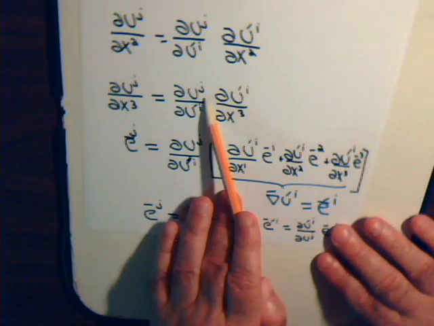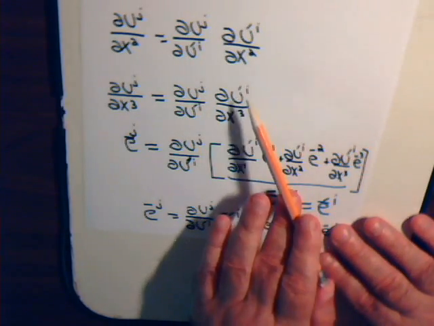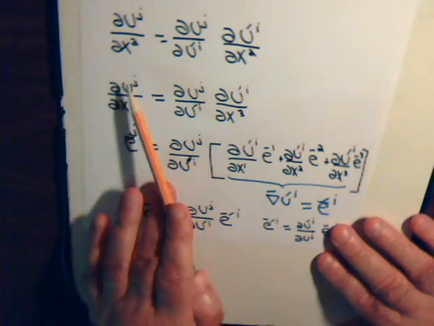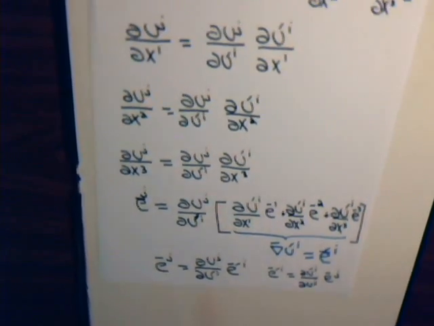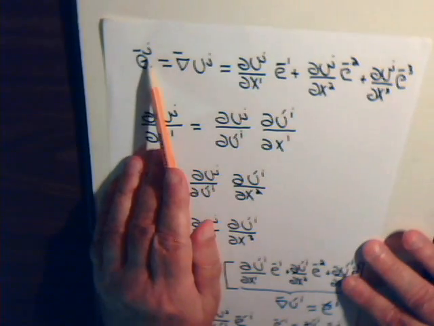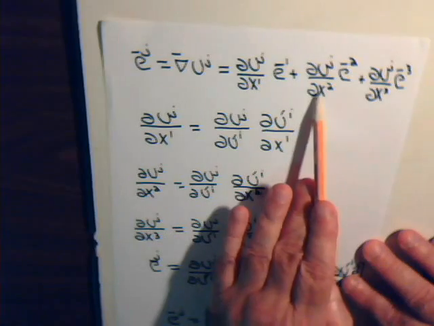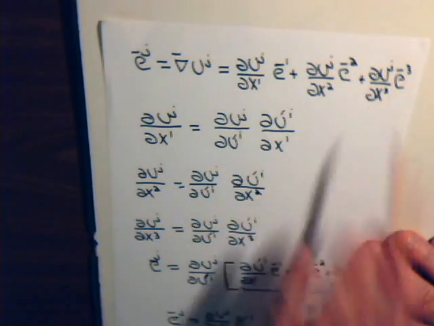That's the partial of uj with respect to ui prime. Then the partial derivative of ui prime with respect to x3. These cancel, and we have our original expression. So that means that, going back up to here, E with j as a superscript, we said was this, and this, and this, but these here we express now using chain rules.